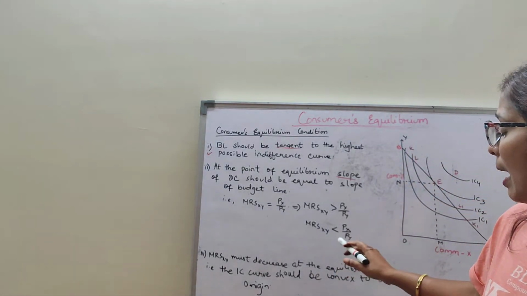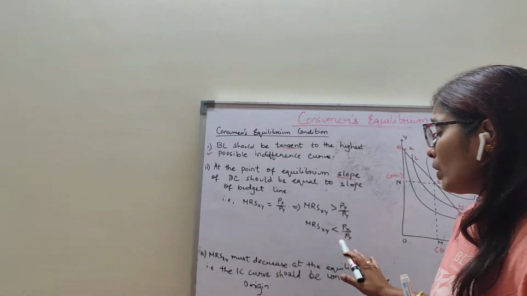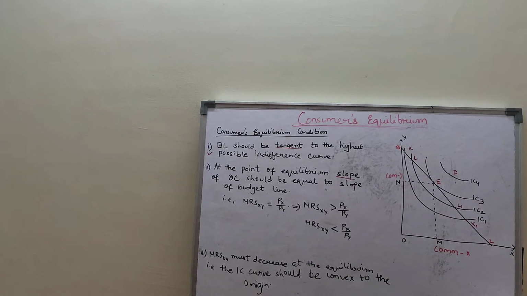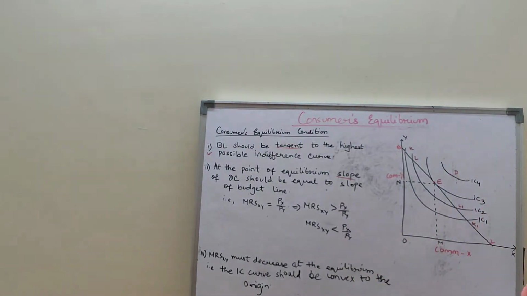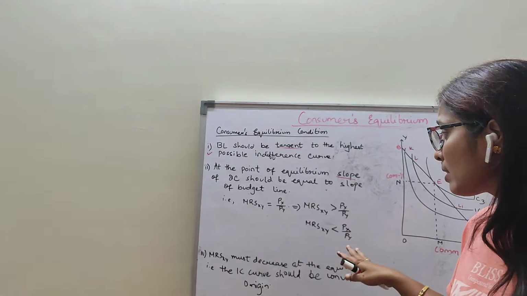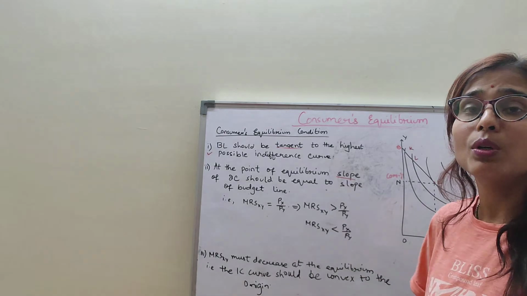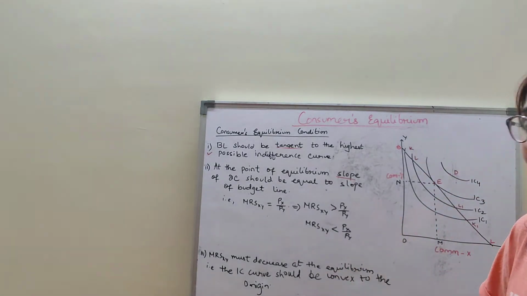So what will happen? You will reduce the consumption of X and increase the consumption of Y. Here MRS starts rising. So the consumer will reduce the consumption of X till MRS becomes equal to the price of X by the price of Y.